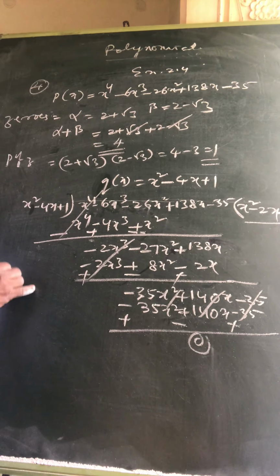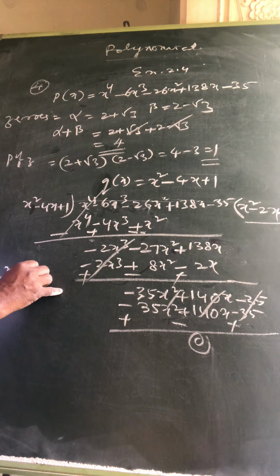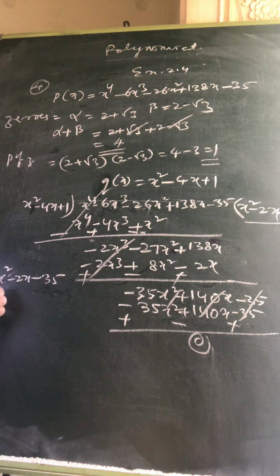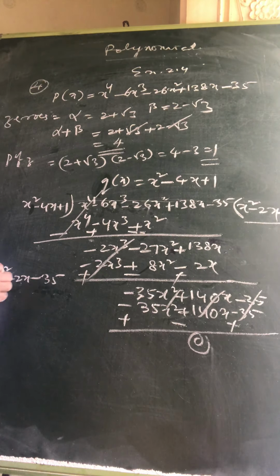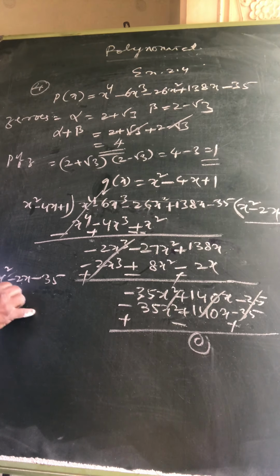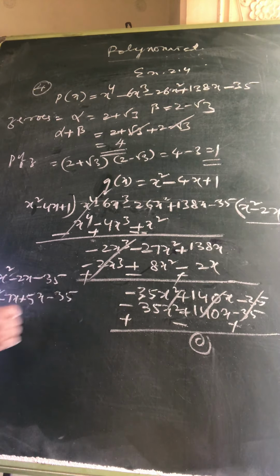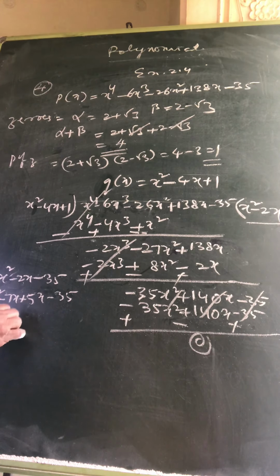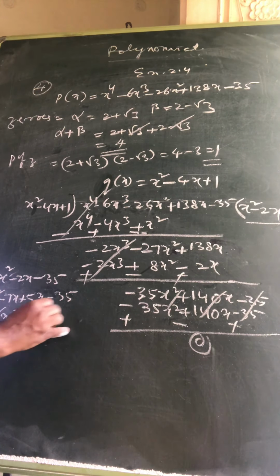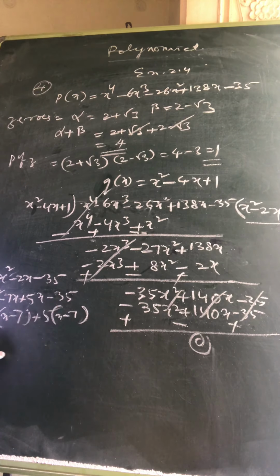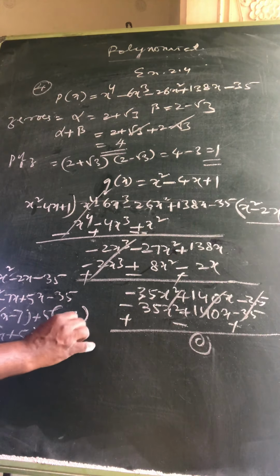So for the quotient, we have to find the zeros. x square minus 2x minus 35 equals, splitting the middle term, x square minus 7x plus 5x minus 35. x is common in the first two terms, and 5 in the last two, giving x plus 5 into x minus 7.